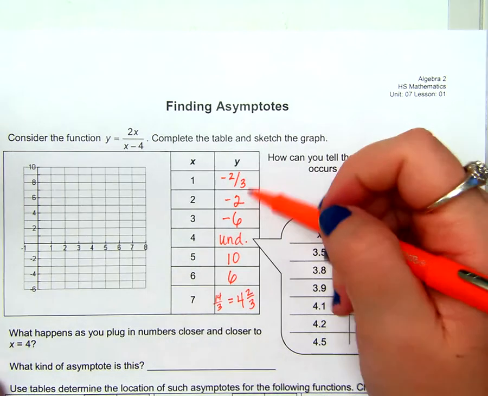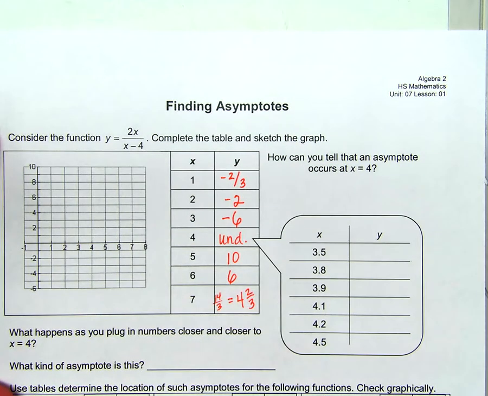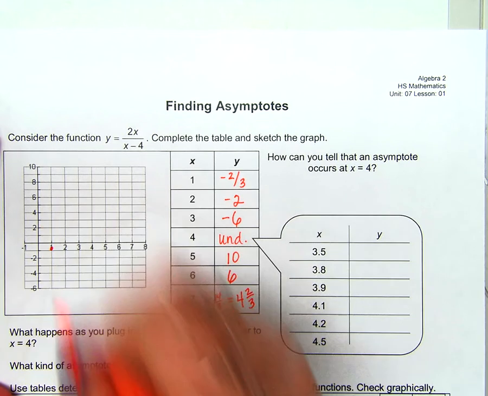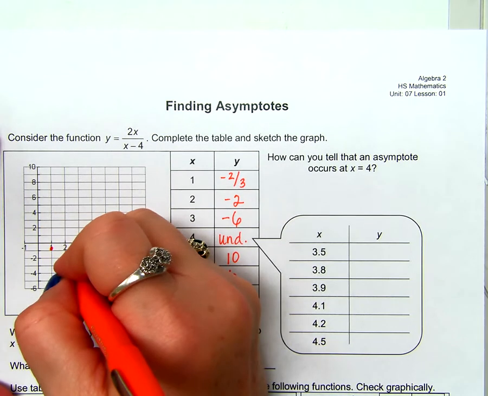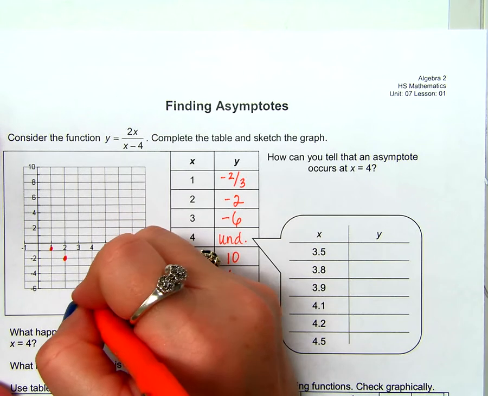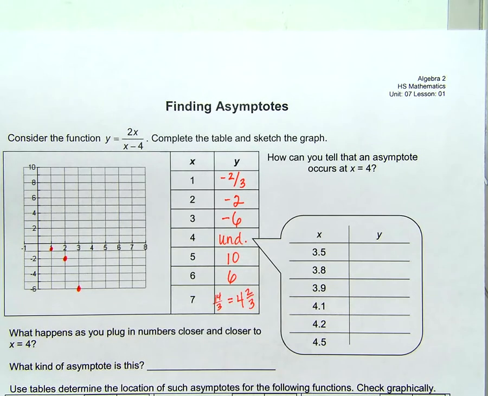Okay? So let's go ahead and plot these points on this graph real quick. 2, negative 2. 3, negative 6.